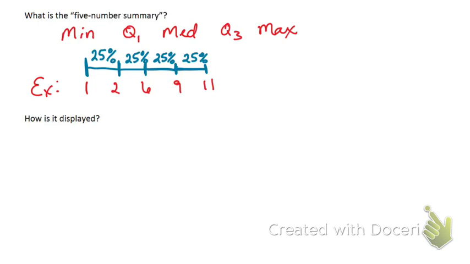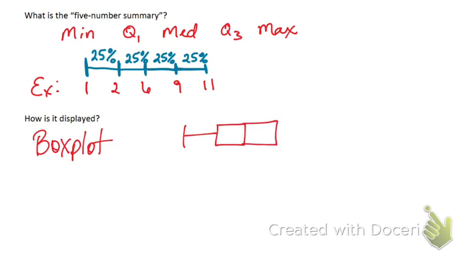How do I show visually a 5-number summary? A box plot. You guys have probably called these box and whisker plots. You guys have seen these before.